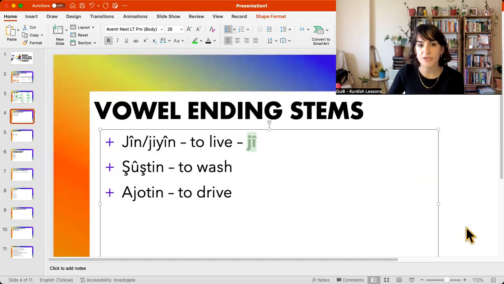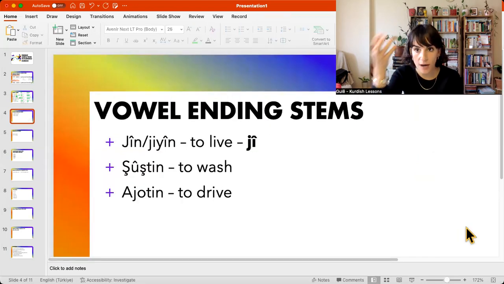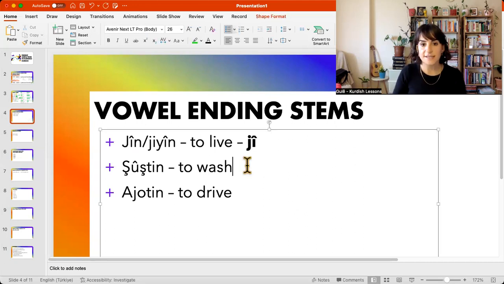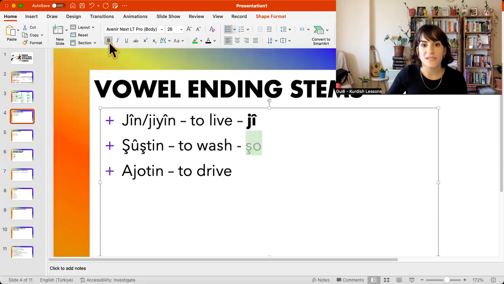So in Kurmanji, if something is ending with a vowel, it's almost always different from the normal form. Or shushtin, it's to wash, and the stem is shu. It's a vowel ending stem. Ajotin, to drive. Ajo is the stem. It ends with o, so it's a vowel ending word.